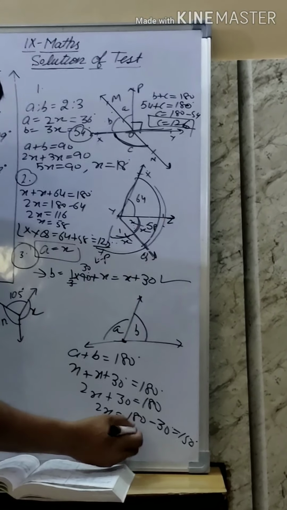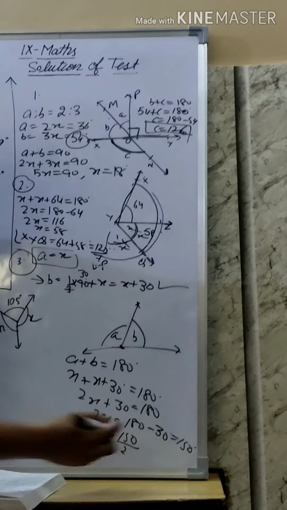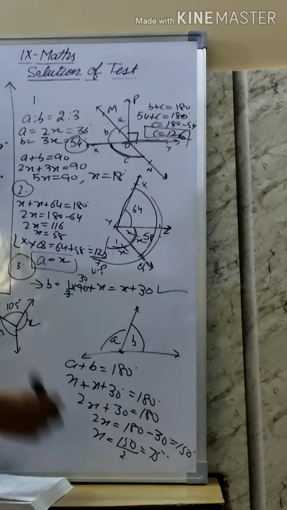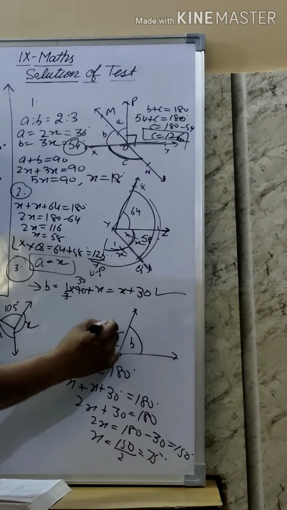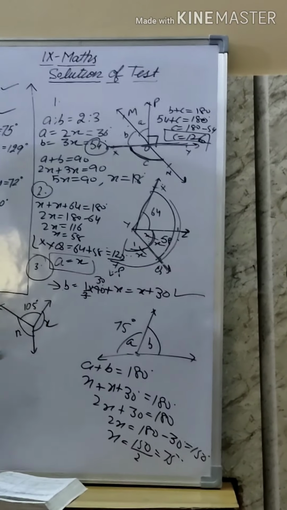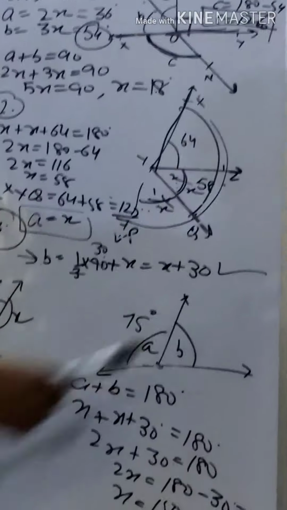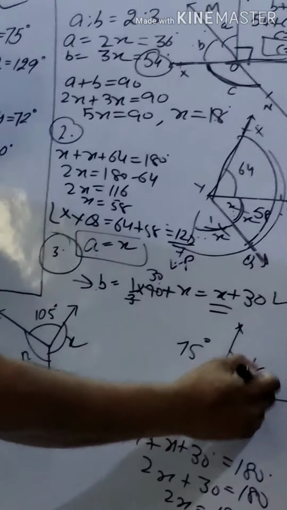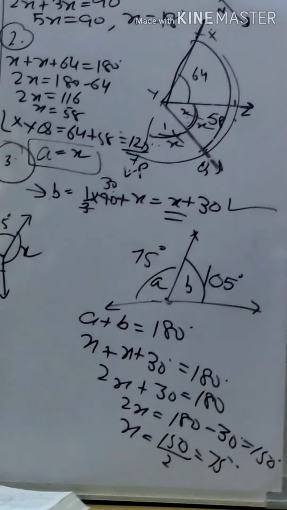So x is equal to 150 by 2, that is 75. And what was x? It was A. So this angle x is equal to 75, and this angle is 30 more: 75 plus 30, 105 degrees.